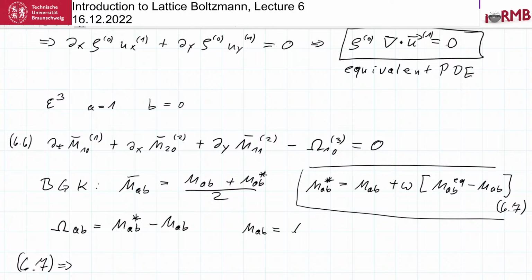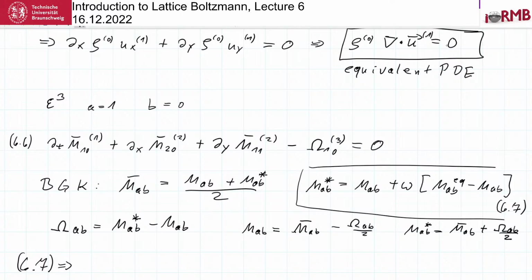When you combine these two, then you see that MAB can be expressed as MAB bar minus omega AB half, and MAB star can be expressed as MAB bar plus omega AB half.